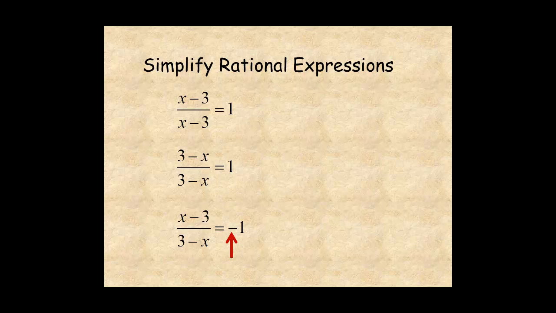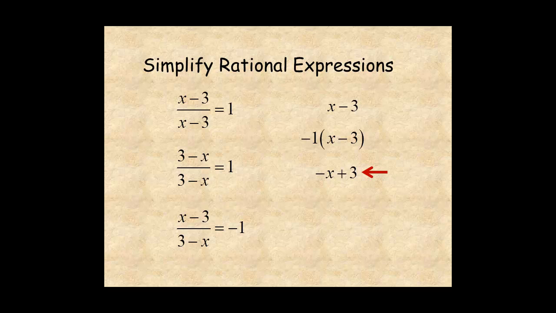In order to understand this, notice, if the expression simplifies to negative 1, the numerator and denominator must differ by a factor of negative 1. To see that this is true, start with x minus 3 and multiply by negative 1, which gives negative x plus 3.